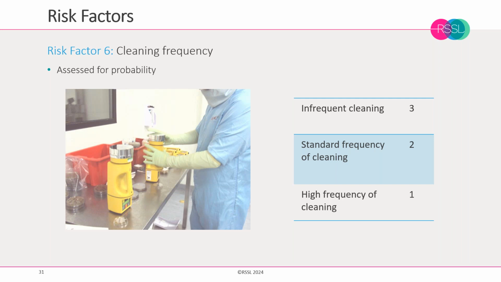So here we've got a less frequent cleaning is afforded a higher score, a standard frequency of cleaning, however we wish to define that, and a higher frequency of cleaning and disinfection. So again, we have the option to introduce weighting in that sense.